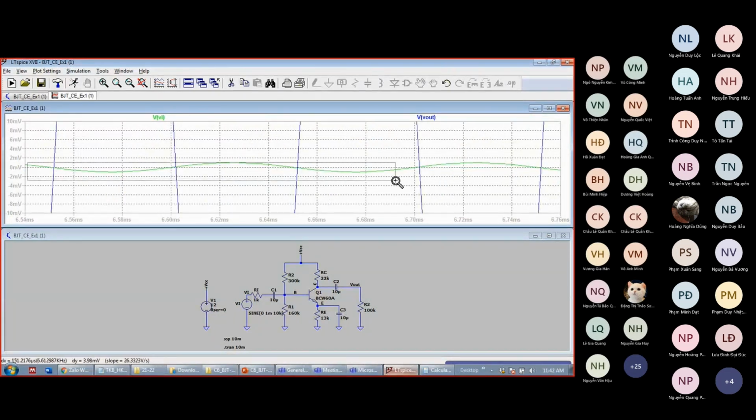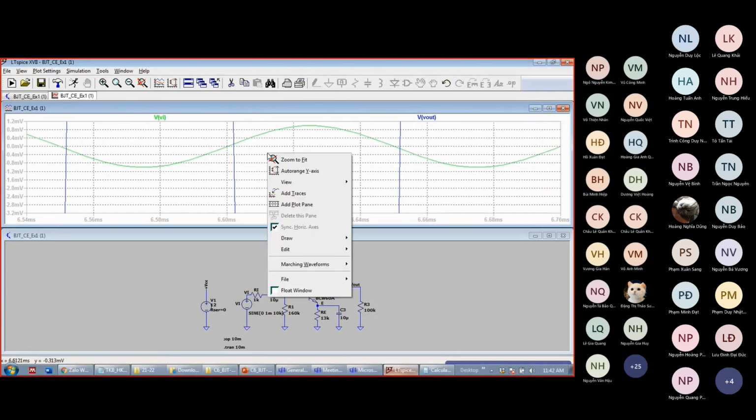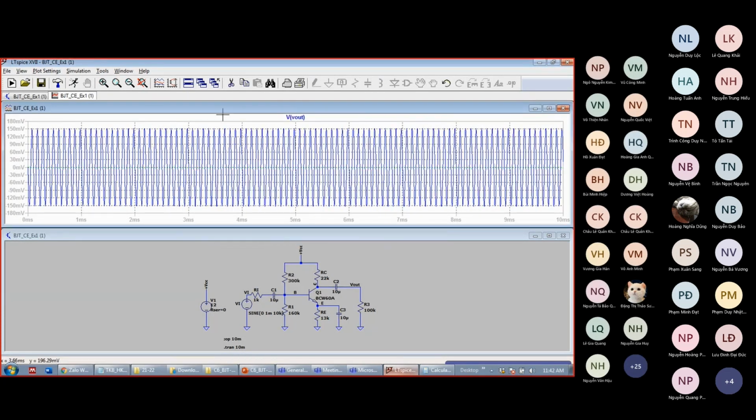But when you zoom for Vin, you cannot see Vout because Vout is too big. So what can you do in that case? I will display Vin and Vout in two different graphs, each graph with its own scale, so that I can see the voltages differently.